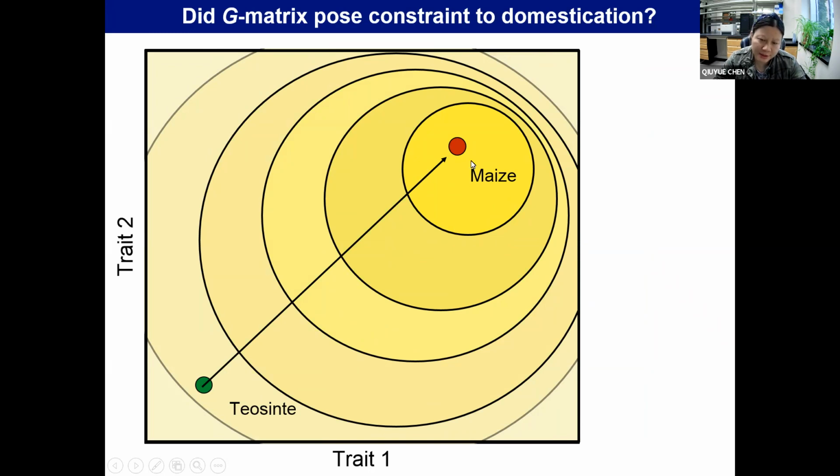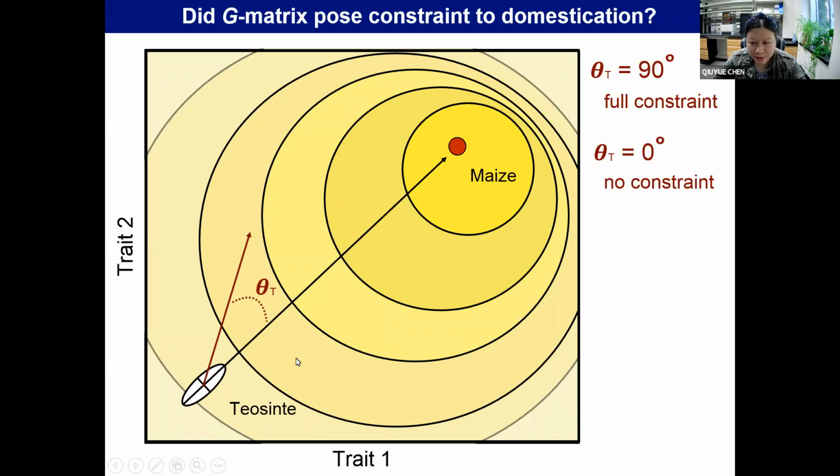Presuming maize is the optimum, the black arrow indicates the vector of evolution or domestication, and theta t is the angle between the genetic correlation structure and the vector of domestication. If theta t equals 90 degrees, then the genetic correlation structure has full constraint to domestication.